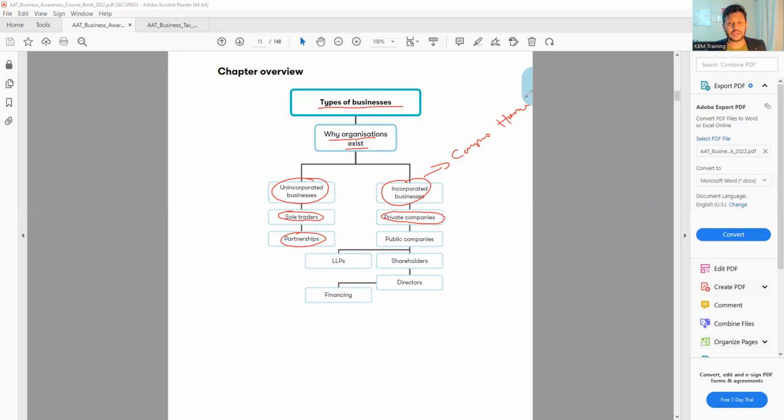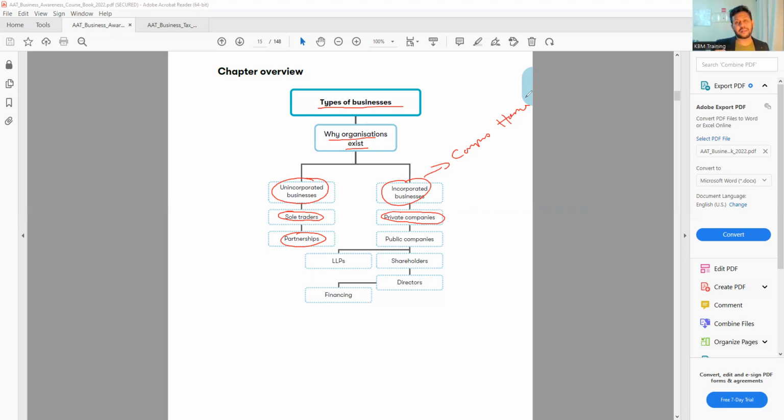The next thing we need to understand is the difference between the private limited company and the public limited company. What is the difference between these two? The private limited company is a company where trading and mainly the control stay with a few people.